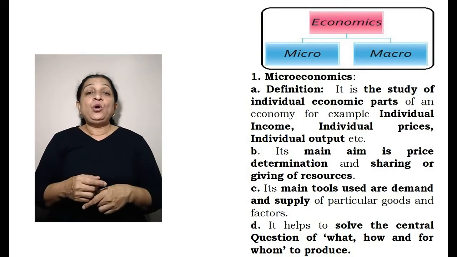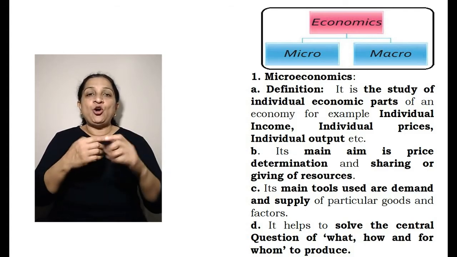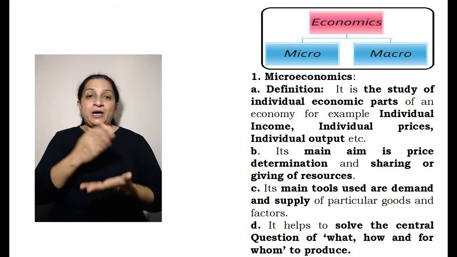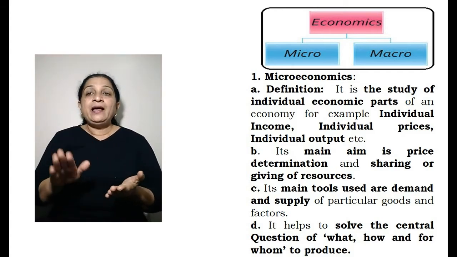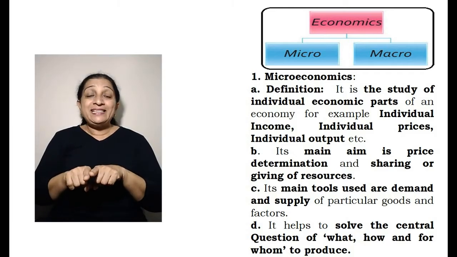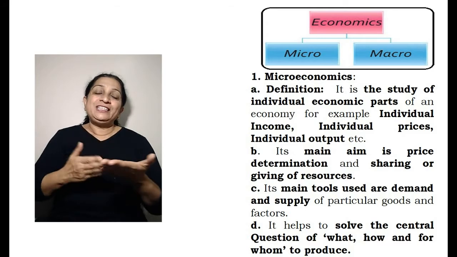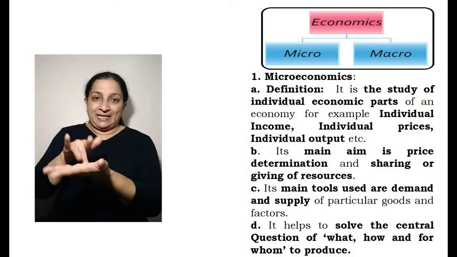Now we will go to the definition of the parts of economics. So you have two parts. Microeconomics. That is defined as the study of each part of the economy in a place.